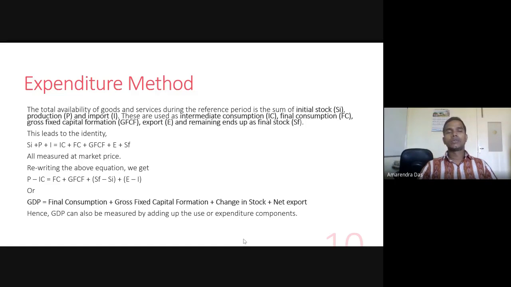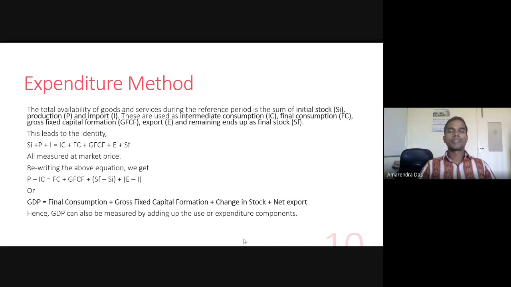So if you rewrite the equation, we will get P minus IC. That means we are taking IC from the right side to the left side. So production minus intermediate consumption, that is nothing but the GDP, gross domestic product, is equal to FC, that is final consumption, plus gross fixed capital formation, plus the final stock minus the initial stock, that means change in stock, plus net export, that is export minus import.